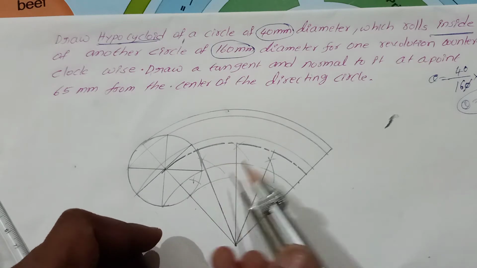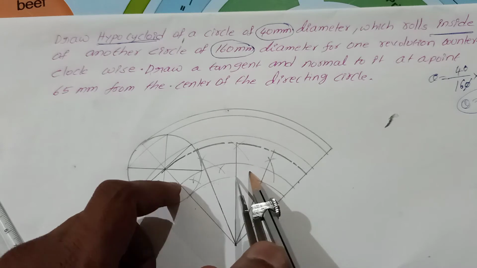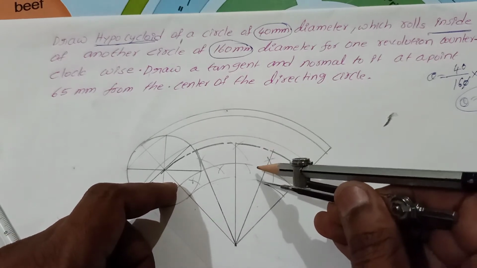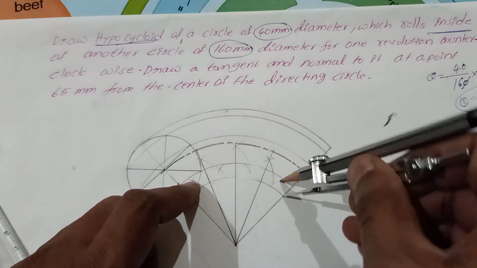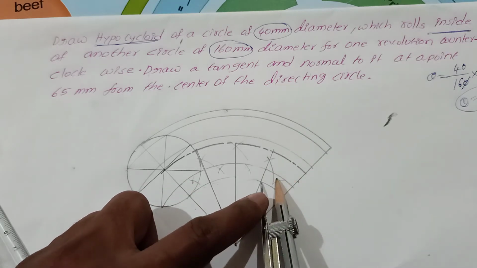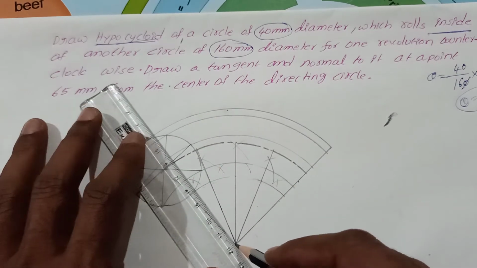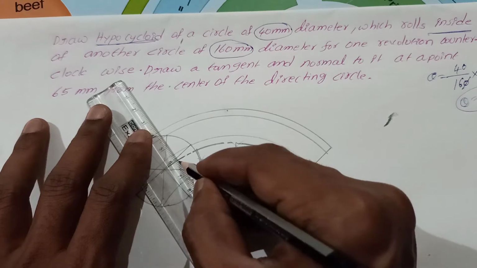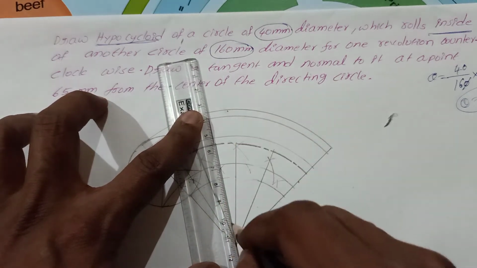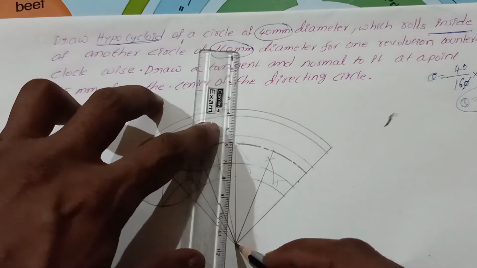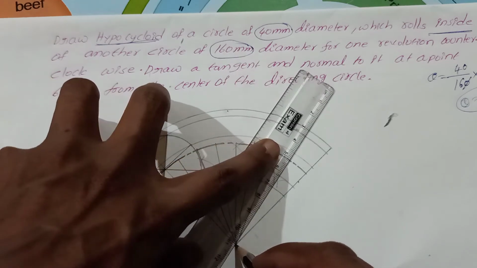Here also draw the curve, cut the curve, like this. Extend lines only up to the central curve to indicate the C1, C2, C3, C4 points.